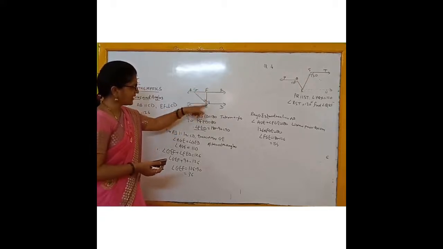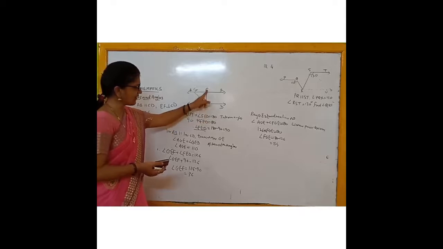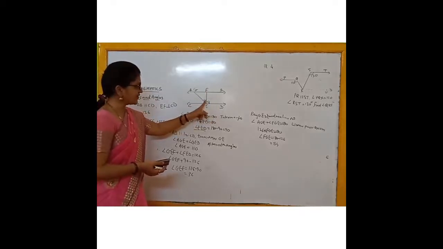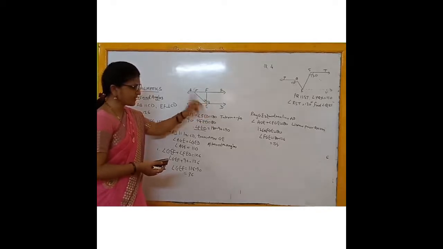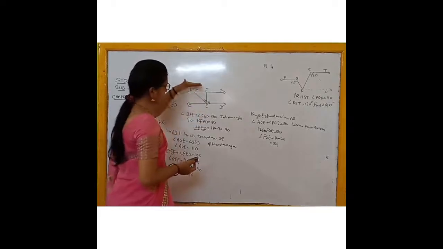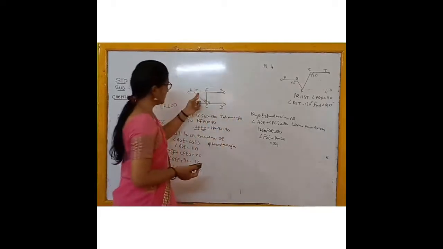Now ray EF stands on line CD, so these two angles, GEF and FED, form adjacent angles, and therefore measure of this angle is 126 minus 90, which is 36. Now ray GE stands on line AB, so these two form a linear pair. So measure of this angle is 54.